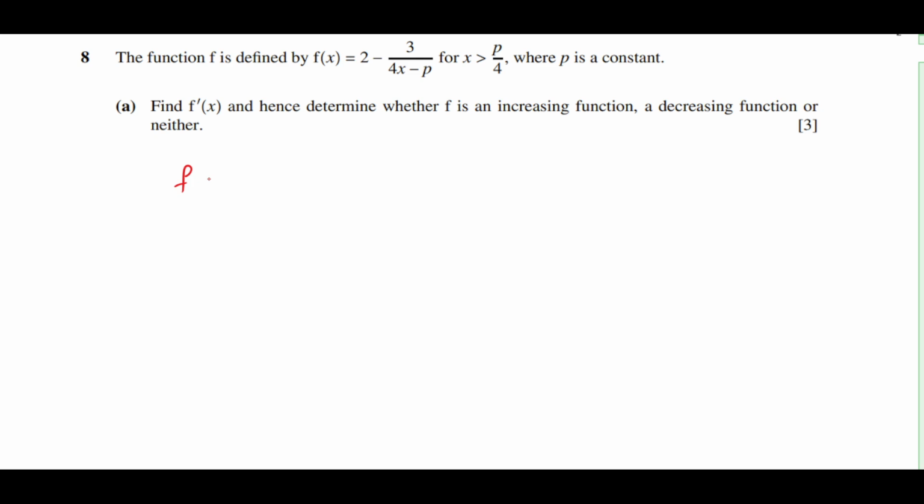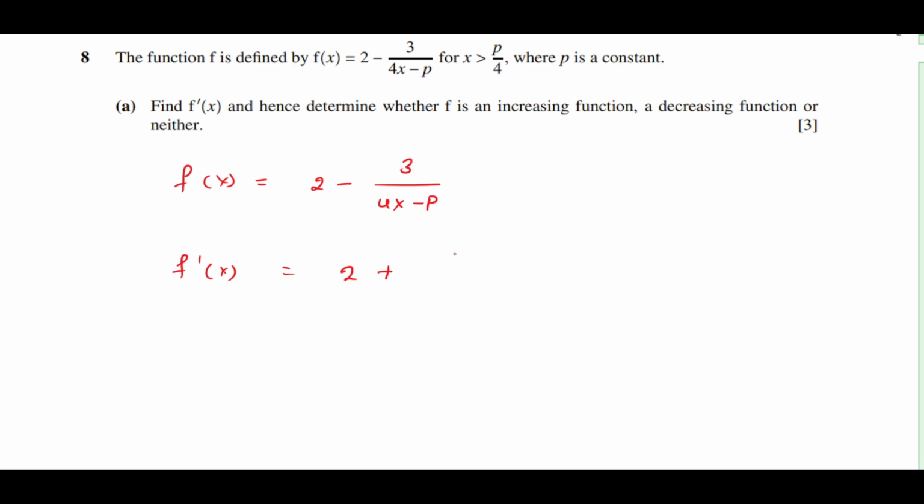First, let us write f of x, which is 2 minus 3 divided by 4x minus p. Now if I differentiate this, f dash x will be 2 minus the whole power is minus 1, so it will be plus.